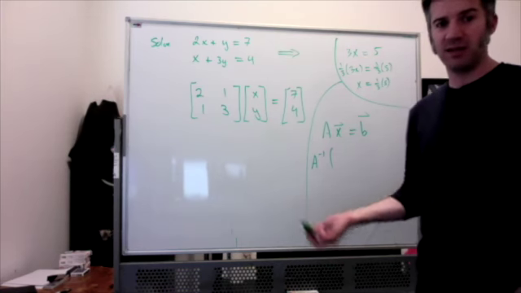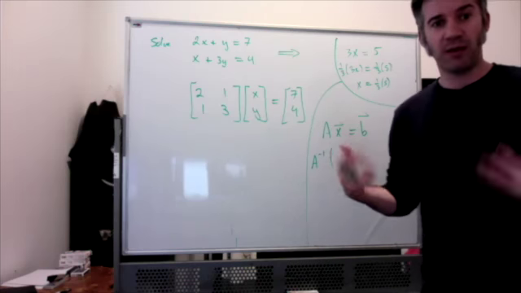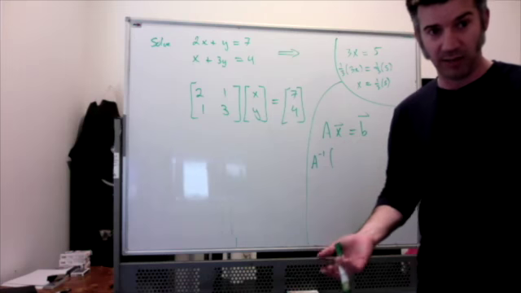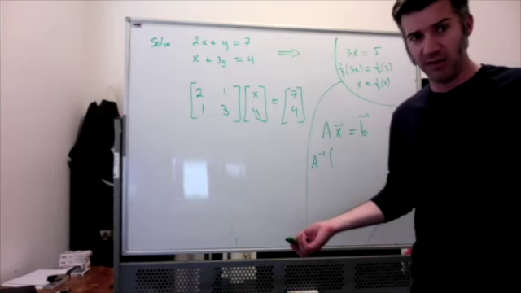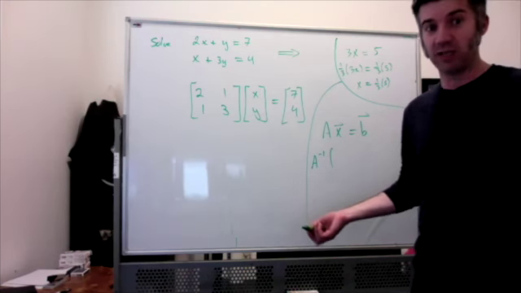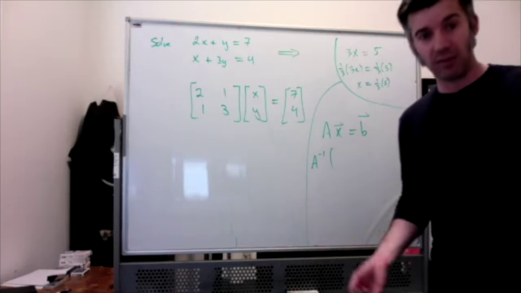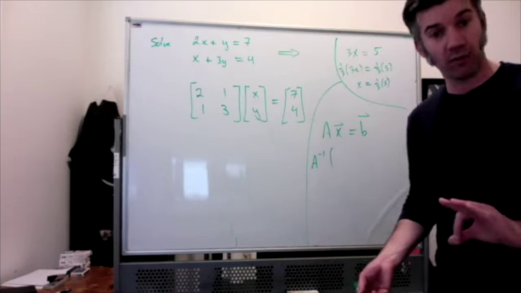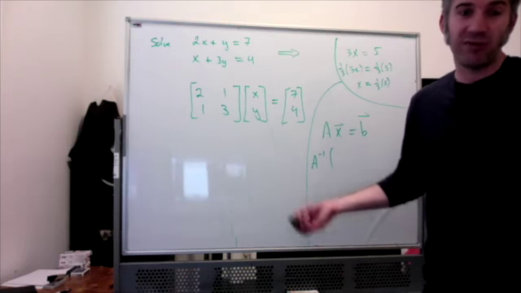Multiplying by the inverse of a matrix is essentially the closest thing we've got to dividing by a matrix. You can't say A divided by B, but you can say B inverse times A and achieve a similar result if B is invertible. If it's not invertible, you can't do it.